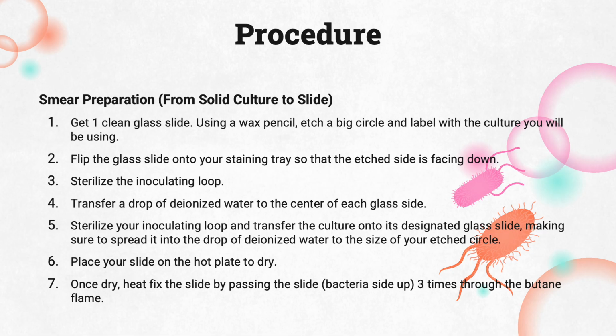Then, we sterilized our inoculating loop to transfer the culture onto its designated glass slide, making sure to spread it into the drop of deionized water and smear to the size of our etched circle on the backside of the glass. We then placed our slide on the hot plate to dry. Once dry, we heat fixed the slide by passing it 3 times through the butane flame.